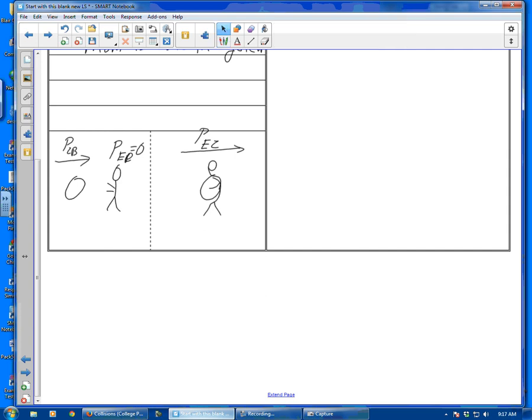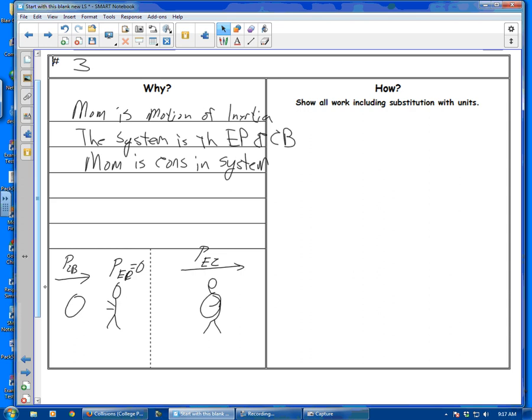Any questions on the Y before we move on to the how? No? Good? Alrighty. So, I'm going to start with my momentum of the system is conserved.